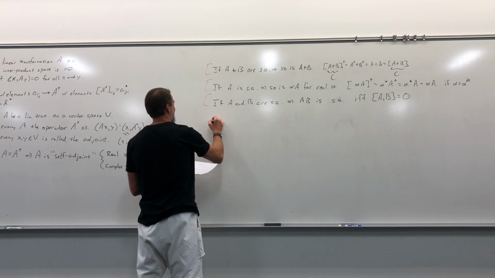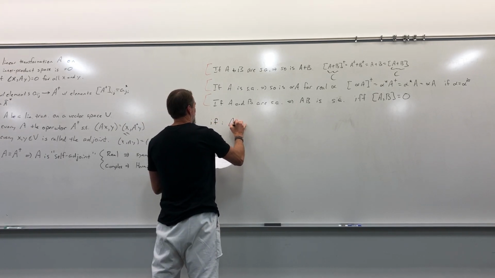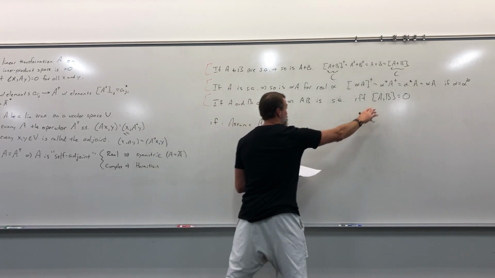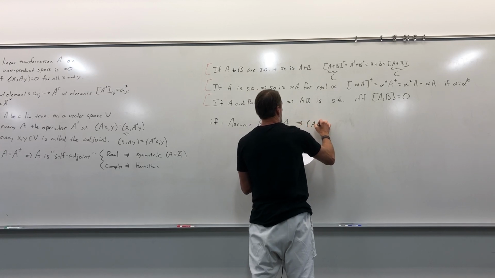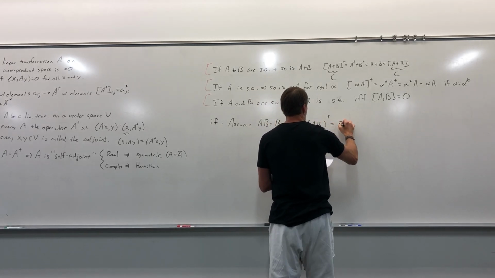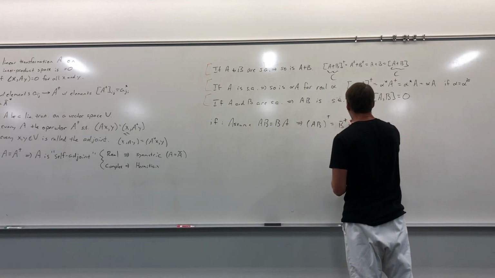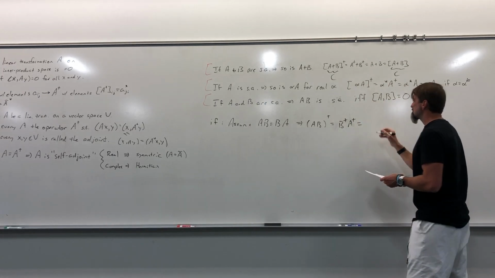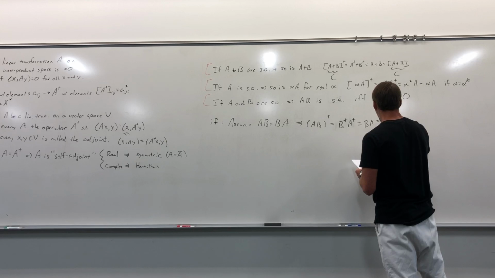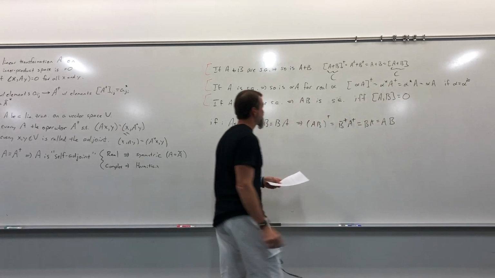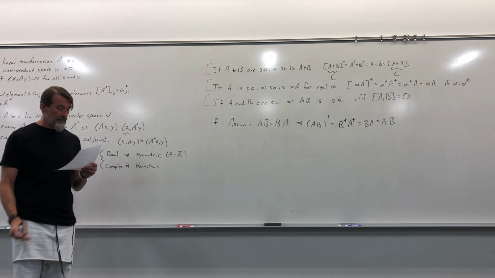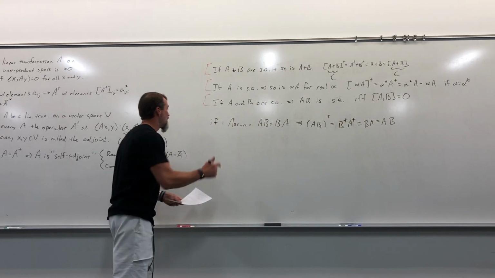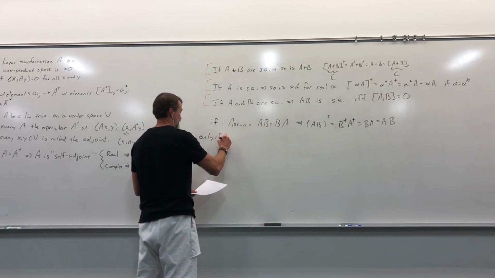That's basically it. So let's do the if first. If we assume AB equals BA, so if we assume that they commute, then (AB) dagger equals, remember, if I'm daggering a product, that's the reverse of the dagger of the individuals. But these are self-adjoint, so this is BA. And then by this assumption, BA is AB. And then we can do only if.